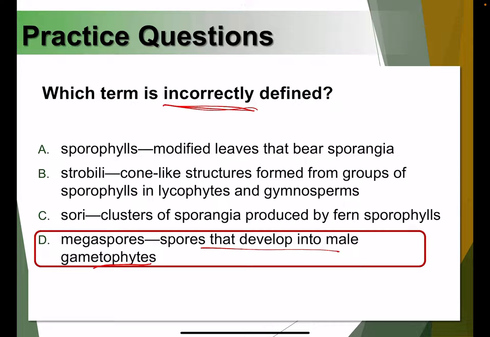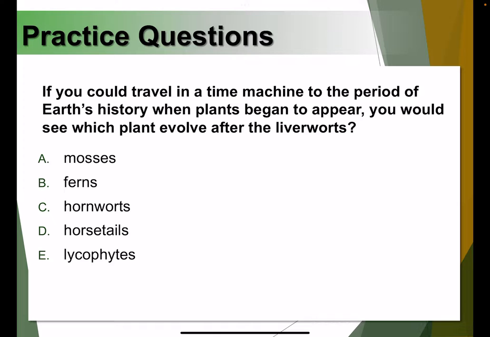They're actually spores that develop into female gametophytes, so it's not male. The rest of the three are correct. Sporophylls are modified leaves that bear sporangia, so rather than a little sporangia at the top, they have them under the leaves. Strobili are cone-like structures that form groups of sporophylls in lycophytes and gymnosperms. And then sori are clusters of sporangia produced by fern sporophylls underneath their leaves.